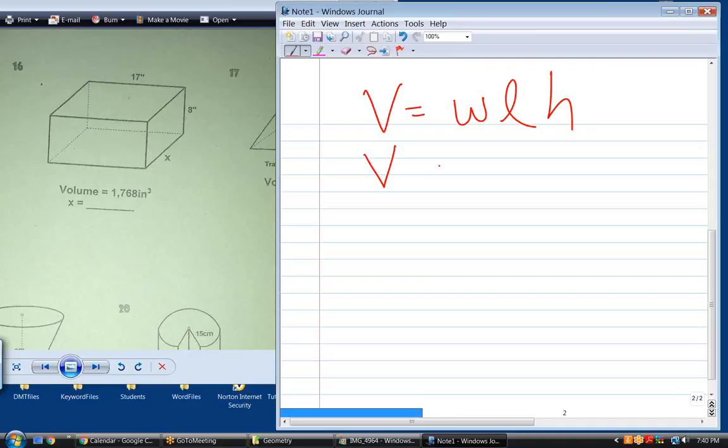Now, specifically for this box, what is it? And it doesn't really matter which one you call width, length, or height. What's important is that you recognize that it's the three dimensions multiplied together. So what is it? 17 times 8 times x.